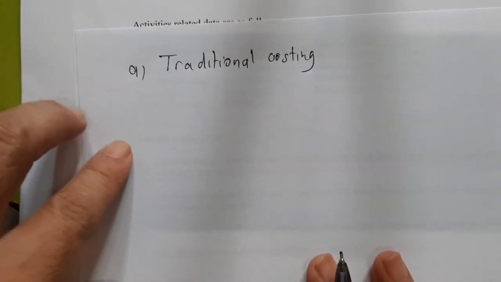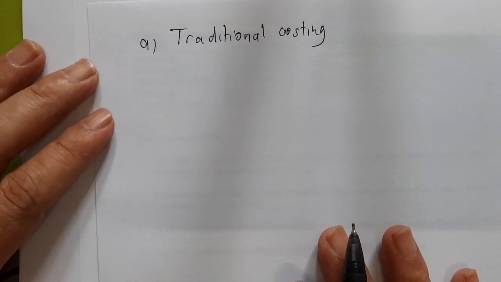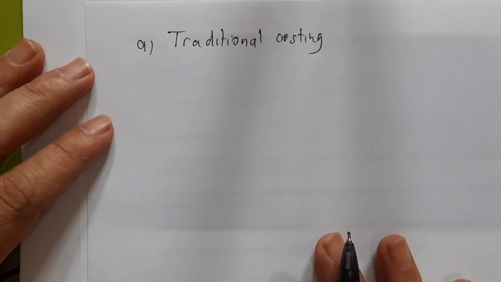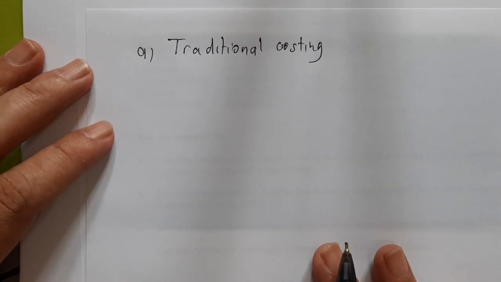Always remember, in management accounting, when you want to calculate product cost or service cost, the formula is always the same. The formula is direct material cost plus direct labor cost plus overhead cost.